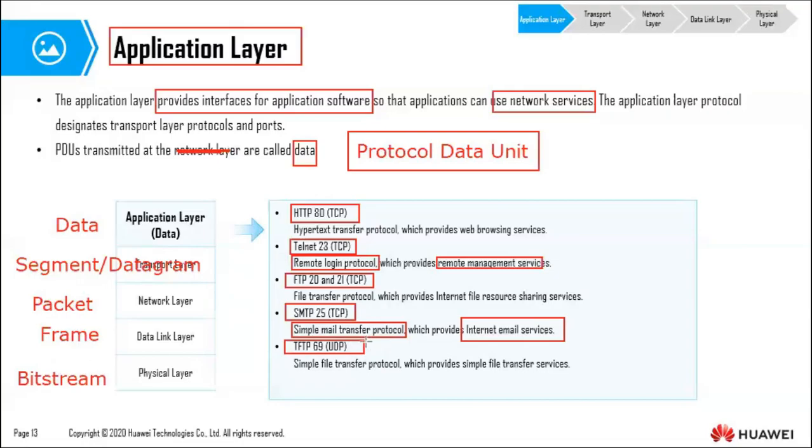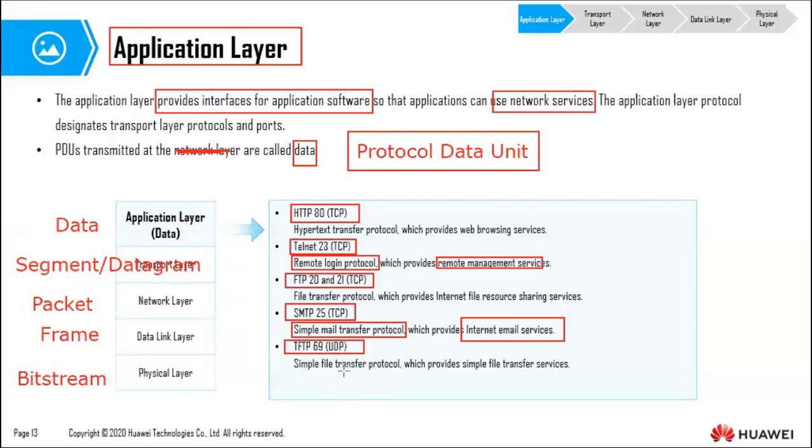TFTP is trivial file transfer protocol. Unlike FTP, it uses UDP. So it simply means that when you're sending using TFTP, you don't need to form a connection and you don't need to do retransmissions.